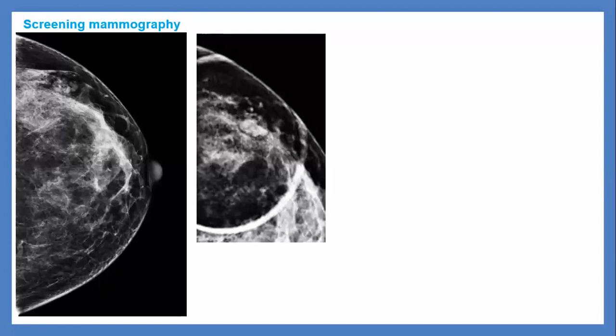Yes, the mass. So the spot magnification confirms this equal density mass with central lucency and circumscribed oval shape, with subtle lobulation or macrolobulations. And most probably a spot of calcification.